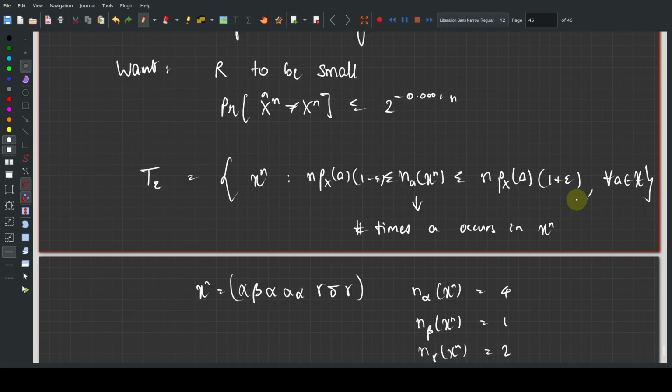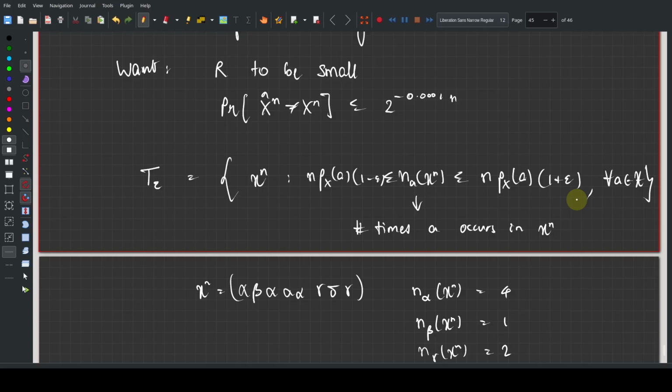It takes 0 with probability 1 minus p, and 1 with probability p. What is this set basically? It's the set of all possible binary sequences for which the fraction of zeros is within an epsilon of 1 minus p, and the fraction of ones is within an epsilon of p.